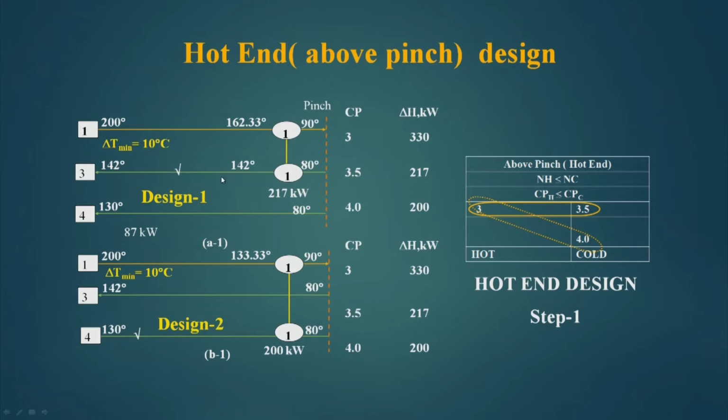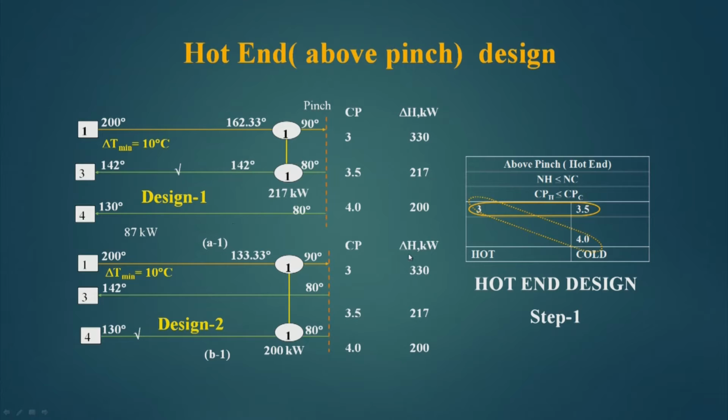Due to this match, the exit temperature of this heat exchanger 1 is 162.33 degree centigrade. Basically, the inlet temperature is 162.33 degree centigrade and outlet is 90, and here the inlet is 80 and outlet is 142 degree centigrade.